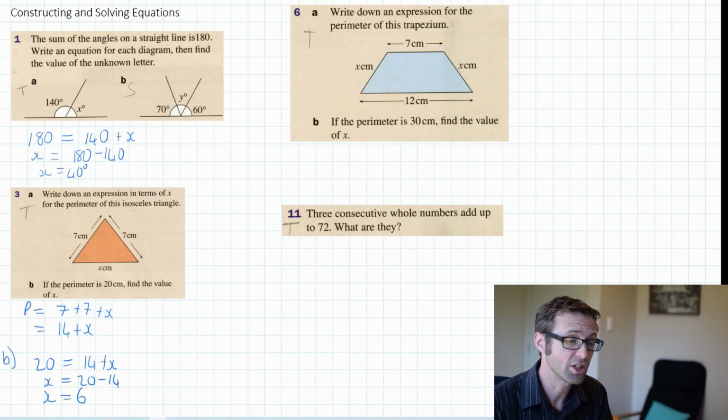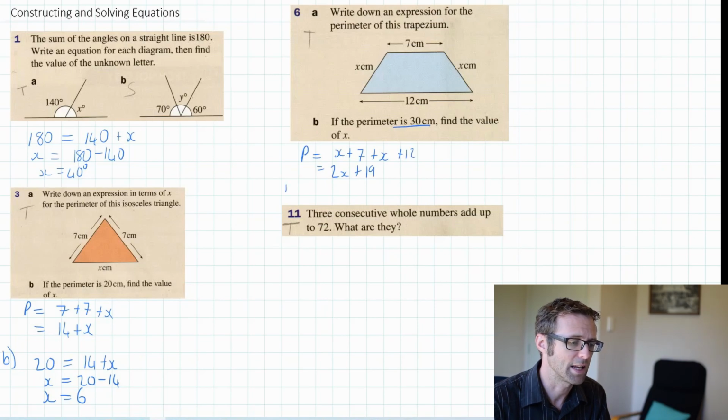Let's move over to number 6 now. Write down an expression for the perimeter of this trapezium. Well, again, the perimeter is going to be the sum of all of its sides. I have x plus 7 plus x plus 12, which is equal to 2x plus 19. Now, in part B, we know that the perimeter is 30.